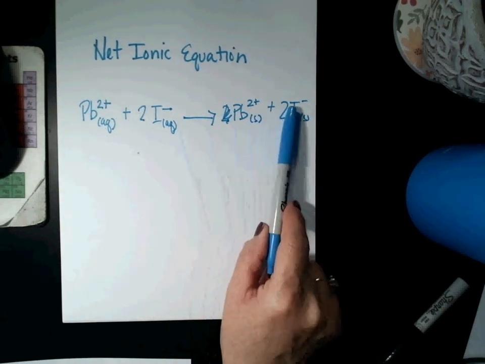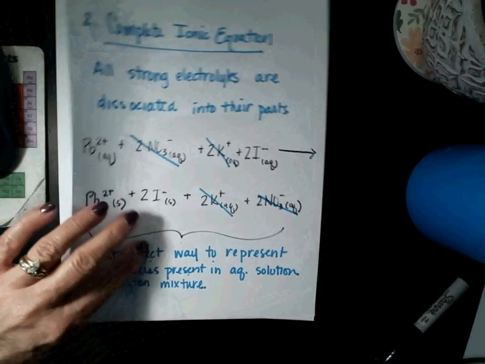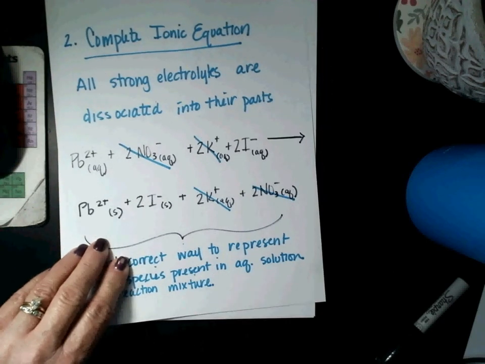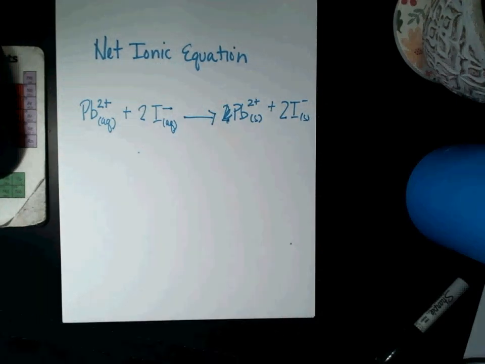These are your participant ions. You might be asked about that. You might be asked about your spectator ions. So anything you crossed out here, you would name as a spectator ion.